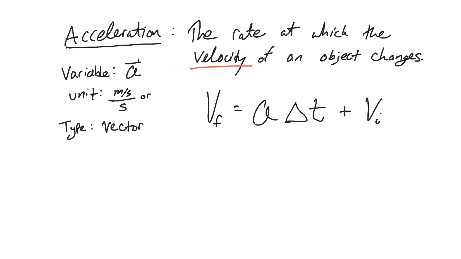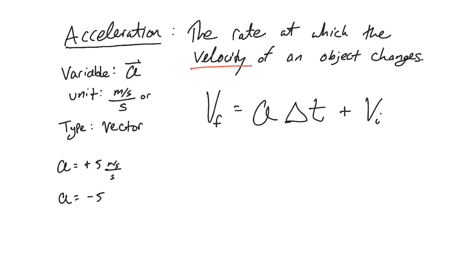Now the variable that's used is a, lowercase a. The unit is meters per second for every 1 second. I'm going to write that in another way in just a moment. And the type of quantity is a vector quantity in physics, so it has a direction associated with it. We saw some examples on the last slide where acceleration is plus 5 meters per second for every 1 second.